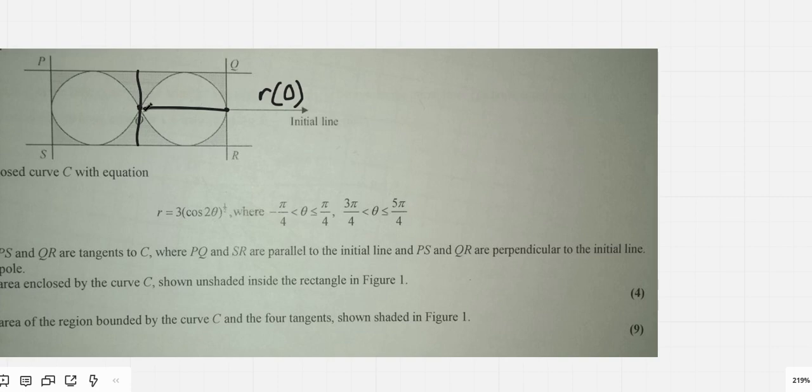So if you're on the positive x-axis, then it's just r of 0. We can plug that into our function, 3 cosine of 2 theta to the 1/2 power. So 3 times, and cosine of 0 is just 1. So r of 0 is just 3, which means that PQ is 6.